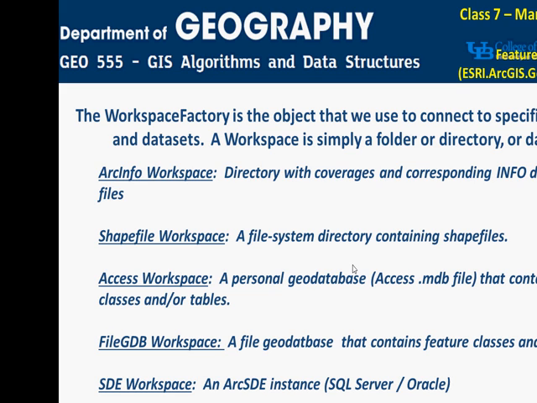And we do that with, and this is what I think is kind of weird, a workspace factory. A workspace factory creates one of these workspace objects for us. So the workspace factory is the object we use to connect or create this location, where the workspace is simply the location. This might take a couple examples to sink in. I always found this a little confusing.